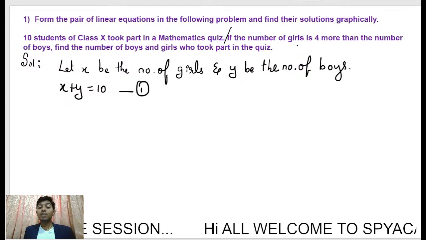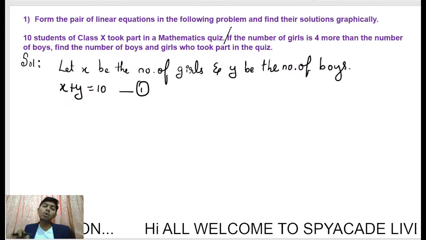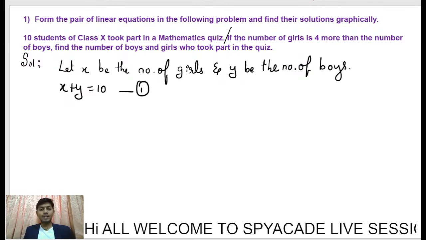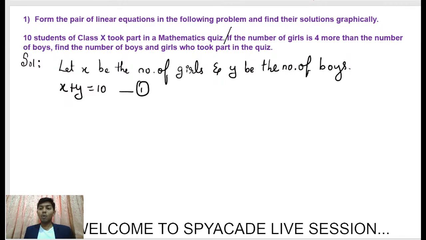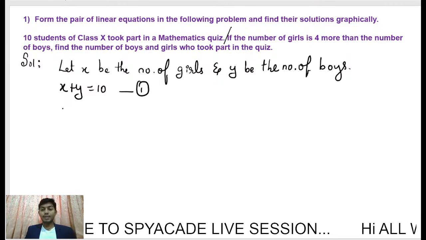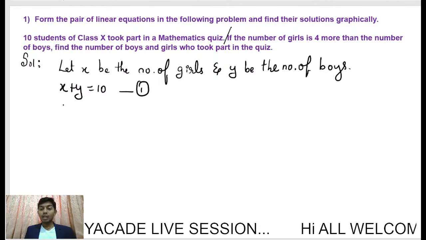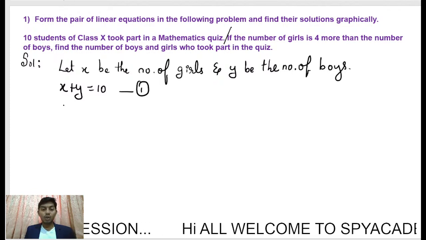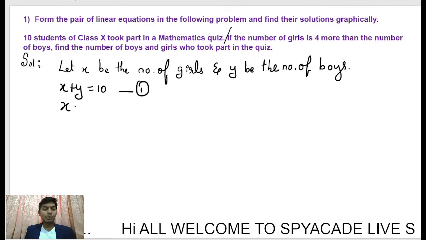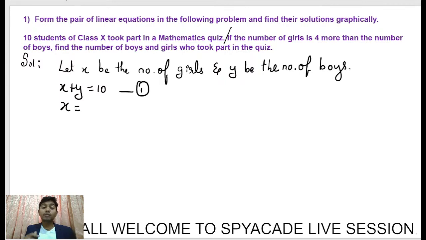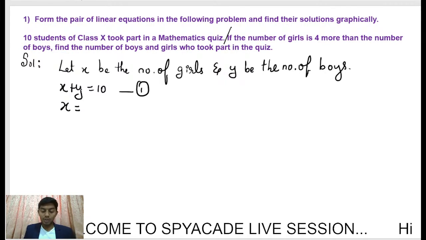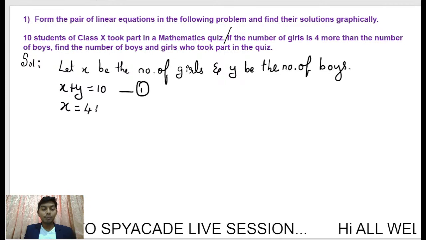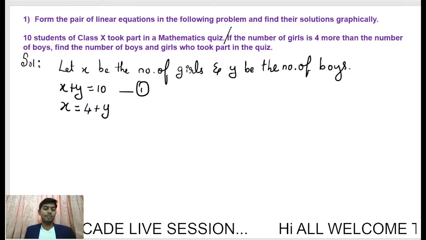And then the next one: the number of girls is 4 more than the number of boys. Then what is it going to be? We have to make another equation. The number of girls is x, so I am putting x, that is nothing but 4 more than the number of boys, which means 4 plus y.